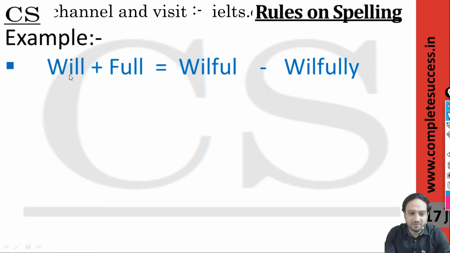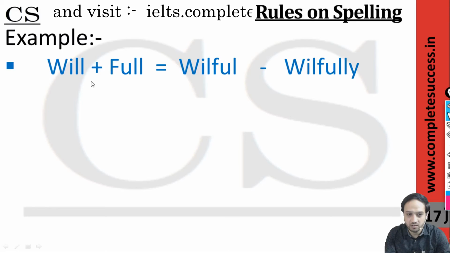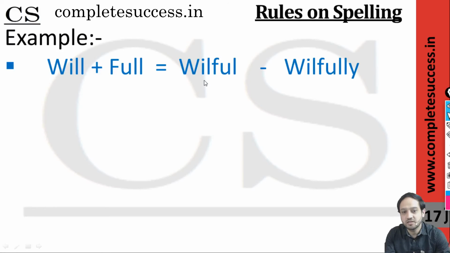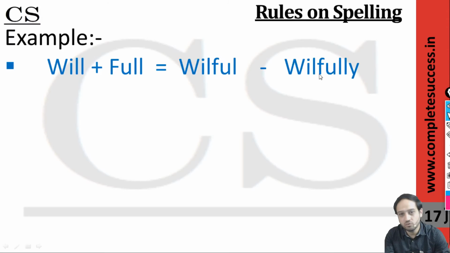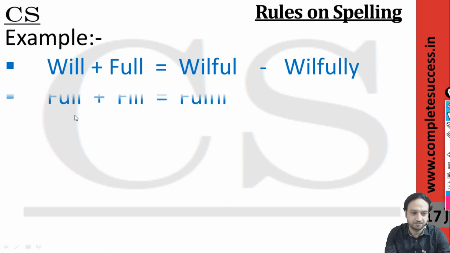When we add will and full, these two words end in double L, and when we add both these words, we end up getting willful, and we only use single L. But when we convert it into an adverb, willfully, then we will use two L's and then y.